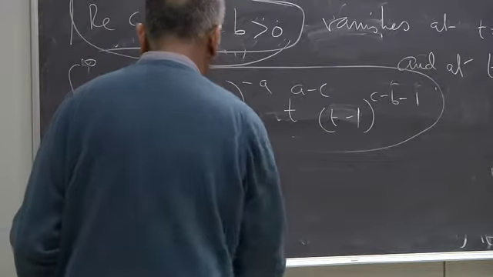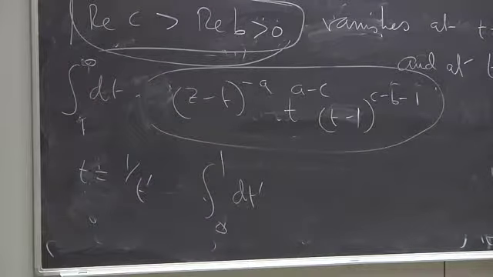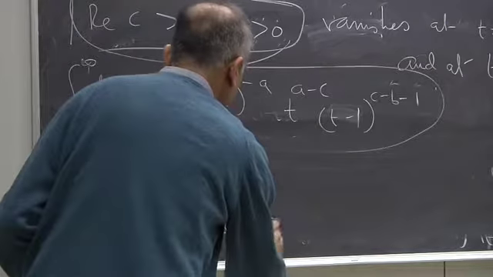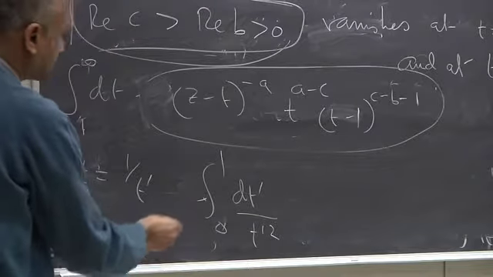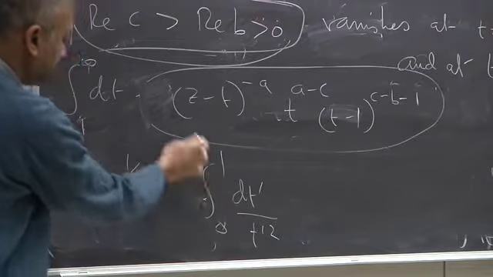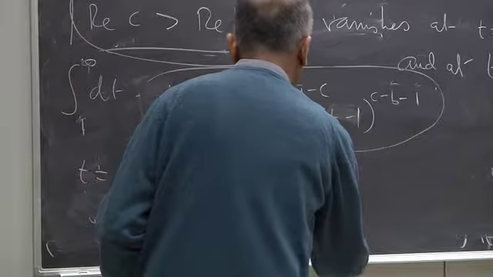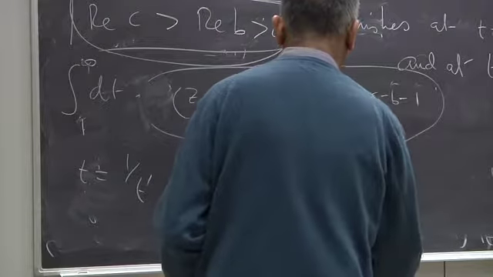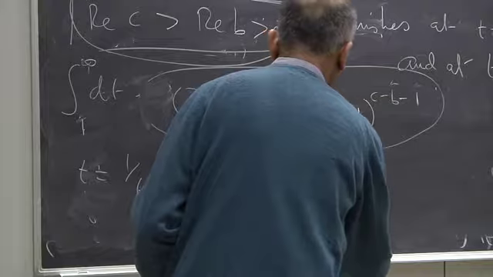So this becomes 0 to 1 dt prime, and there is a 1 over t prime squared from this. I'm not worrying about the overall constants, minus. But that minus changes the thing also. Then here you get (1 minus t prime z) to the power of minus a divided by t prime to the minus a.